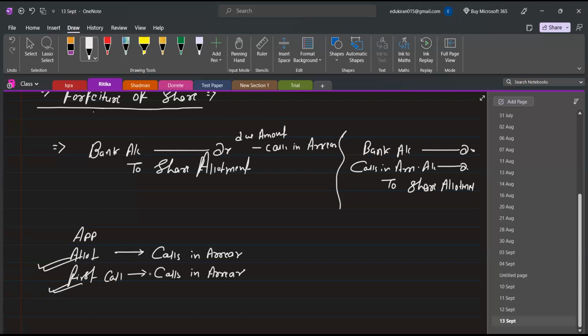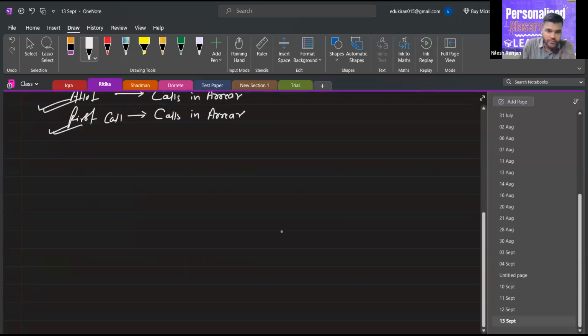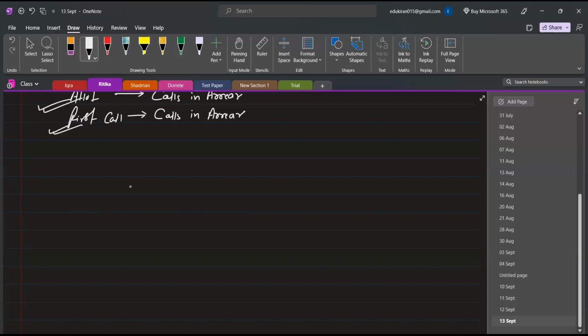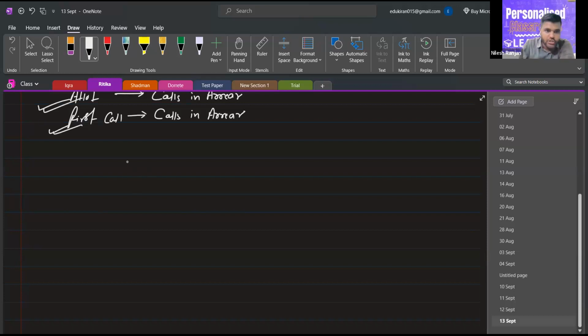Now, for forfeiture there is a journal entry, because in forfeiture we have to cancel the related share. For cancellation of share, first of all we have to cancel the share capital account with the money transferred to this account.